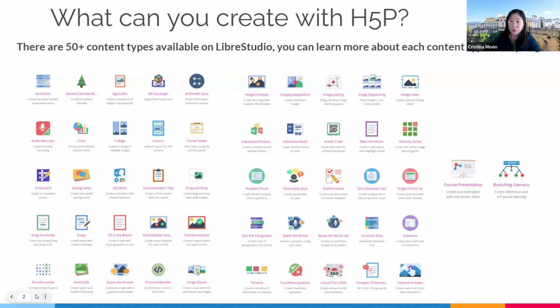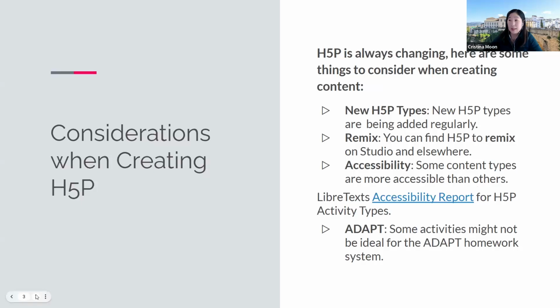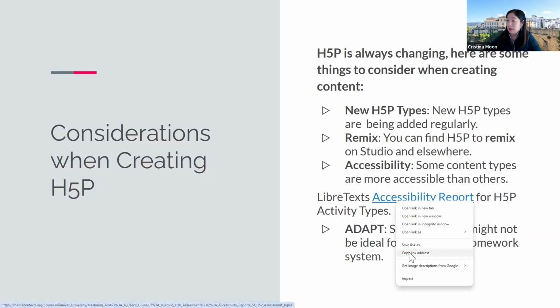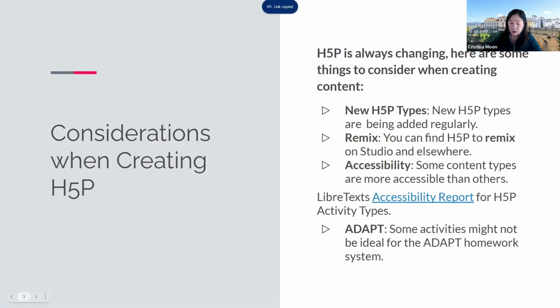Just as a review, there are a lot of H5P question types. You can go to h5p.org and find multiple types of questions. But don't get too excited, since a lot of these are not necessarily accessible. There is a report on which types are accessible, and the list is not as long as you might think.